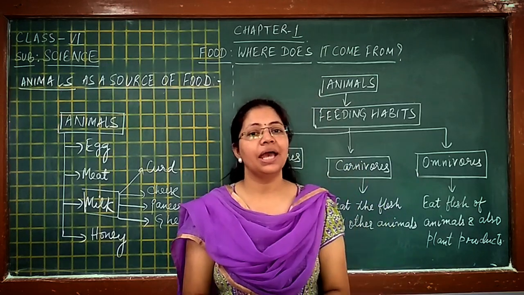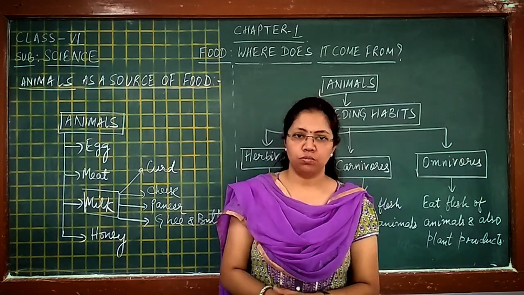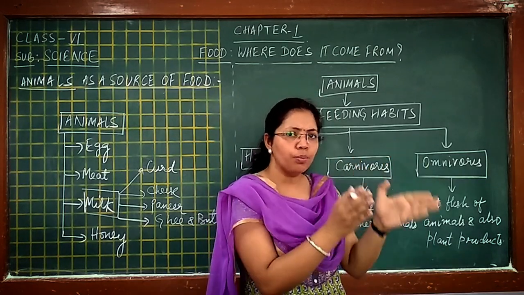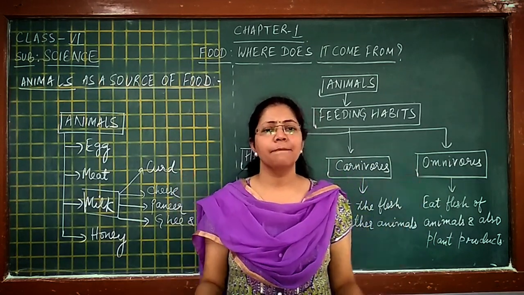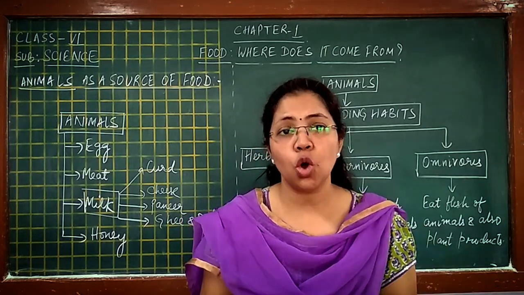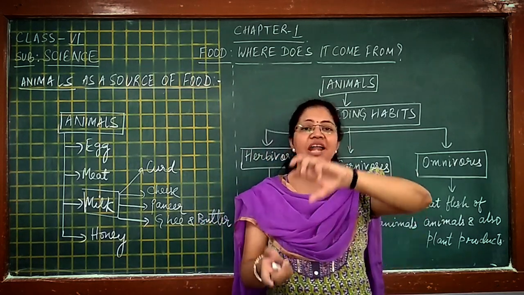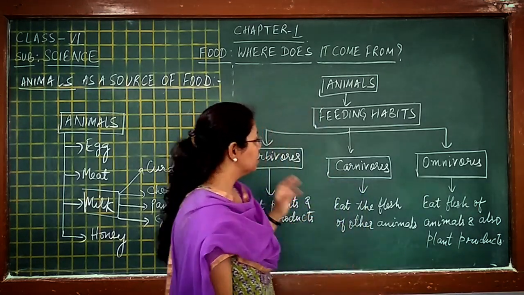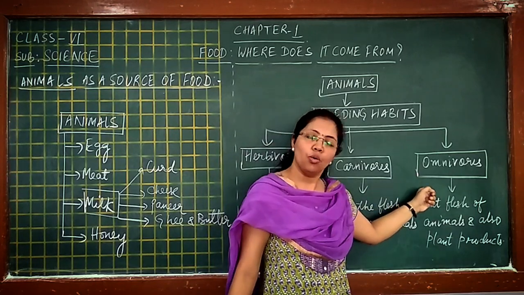Yes, an ant is also an example of an omnivore. Crow, cockroach. So all these are examples which feed upon both plants as well as animals. And the best example is we ourselves, children. We human beings are also omnivores because we feed upon animal products also, and we feed upon plant products also. So these are the three categories: herbivores, carnivores and omnivores.